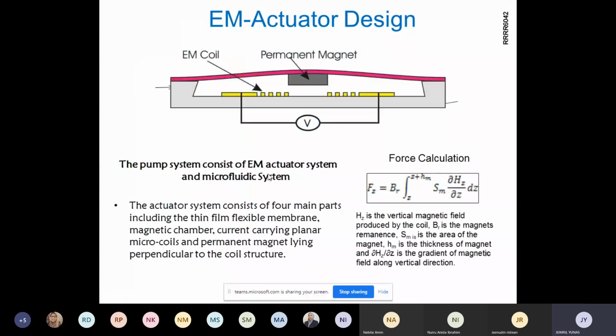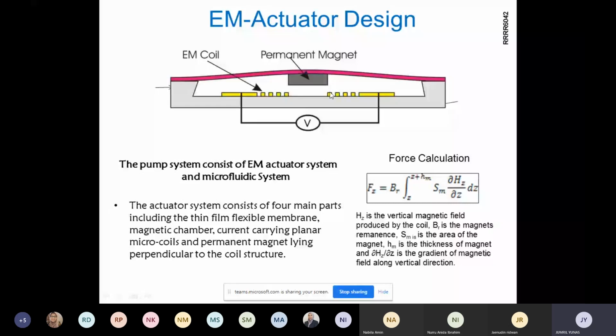This is the schematic of our actuator. This system consists of a movable membrane, which can push and pull. It consists of a flexible membrane, a magnetic chamber, a coil, and a permanent magnet attached to the membrane and located perpendicular to the coil structure.